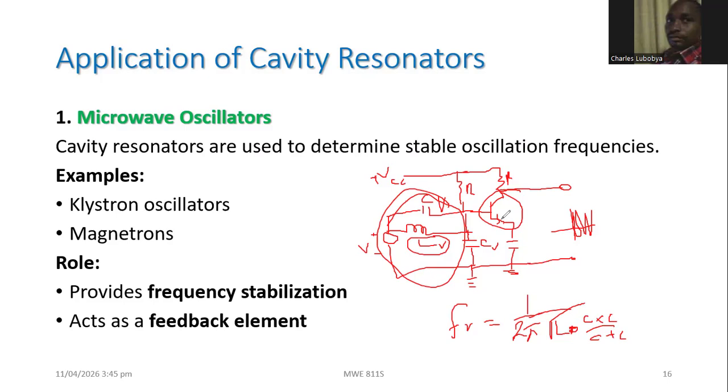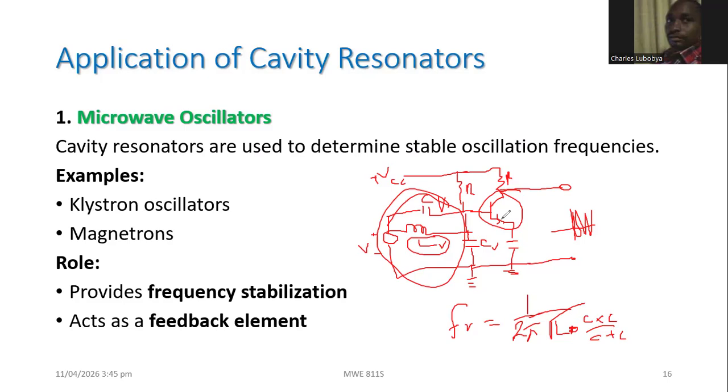You need to have a part for the capacitor and inductor side, which is in the design of the cavity resonator. And then for maintaining the oscillations, you create what is known as the anode and the cathode component. And then there will be some circuit there. You will not need any resistance. Remember here, you don't need any resistors.